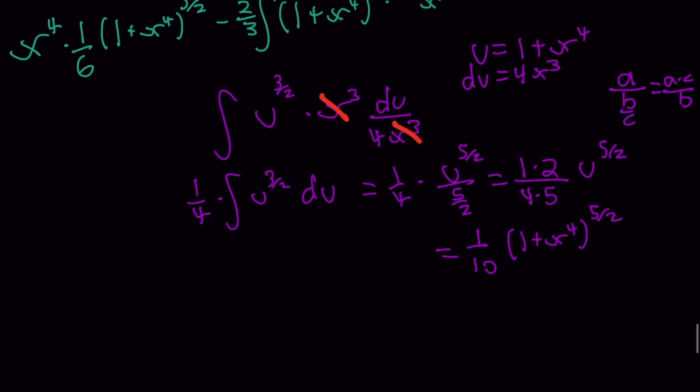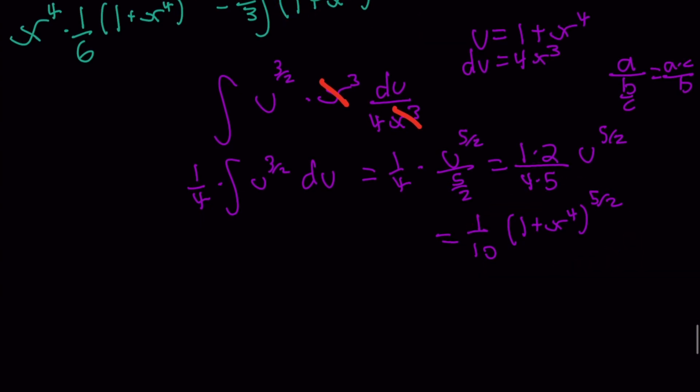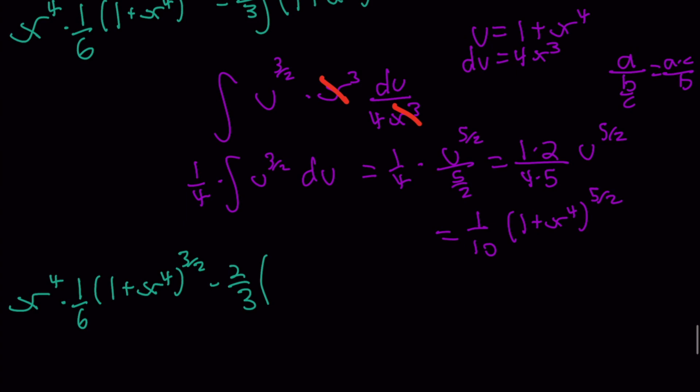So now, this right here was all of that. So we have x to the 4th times 1/6 bracket 1 plus x to the 4th, and I hate rewriting all this stuff, 2/3. Now we're going to put a bracket here to sub in what we had here, which is just this. Times 1/10.